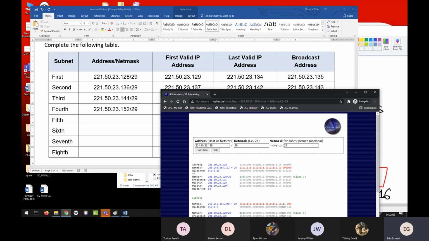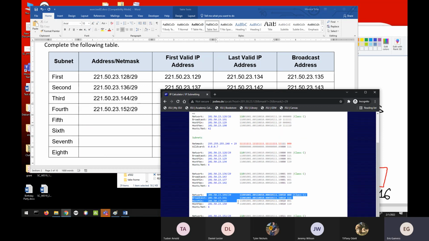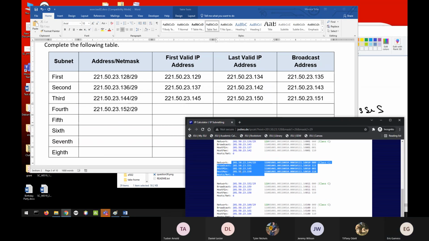Let's see the third subnetwork. So first subnetwork, second, third subnetwork is here. So it starts in 144, as we have here. The range of valid IP addresses is from 145 to 150, and the broadcast address is 151.